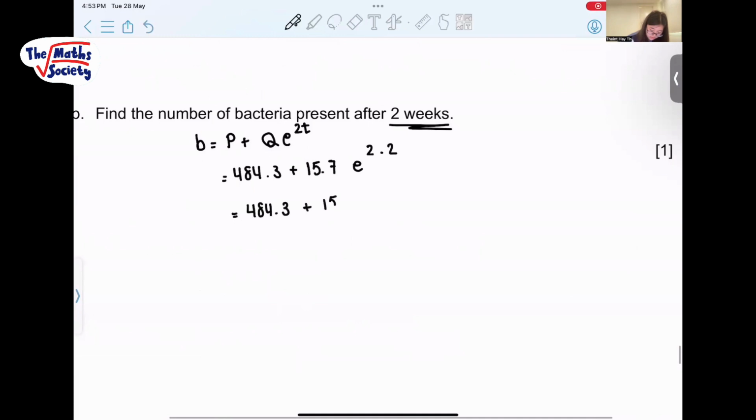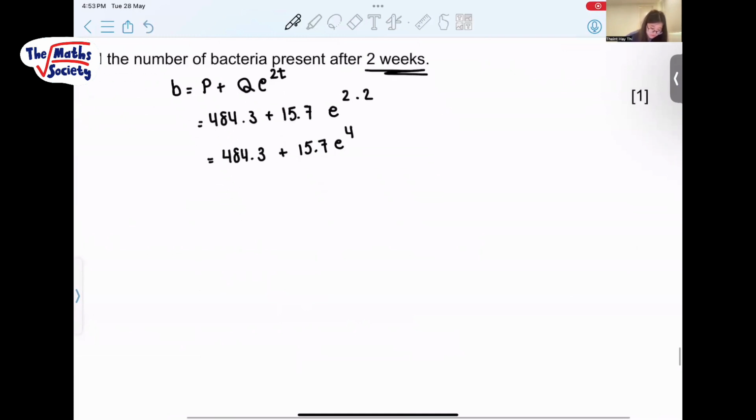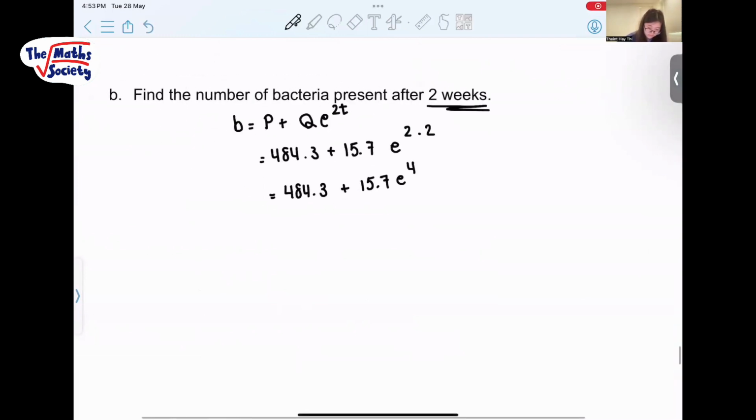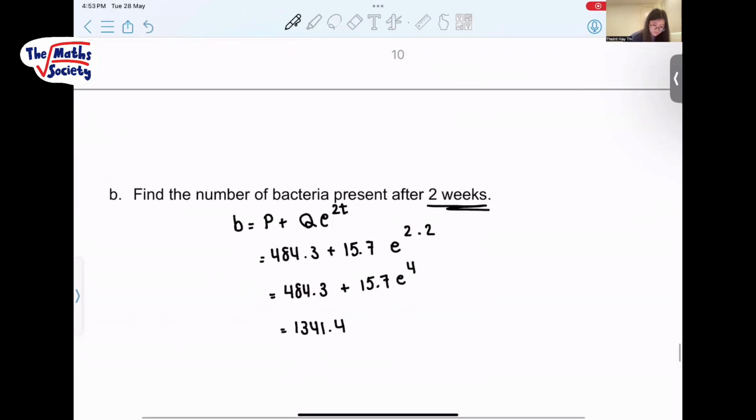So 484.3 plus 15.7 multiplied by e to the power 4. Then you'll get 1,341.4 bacteria.